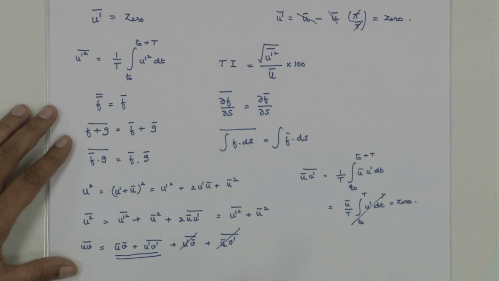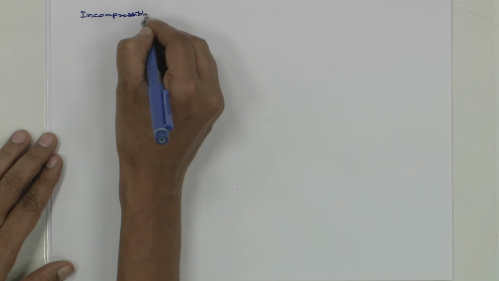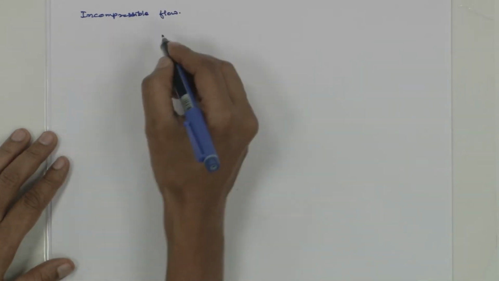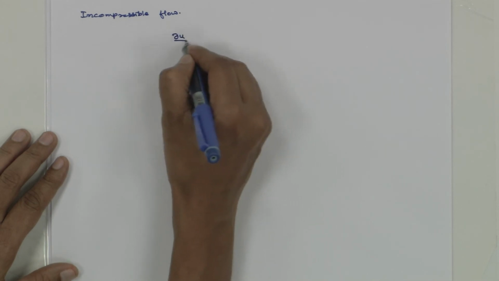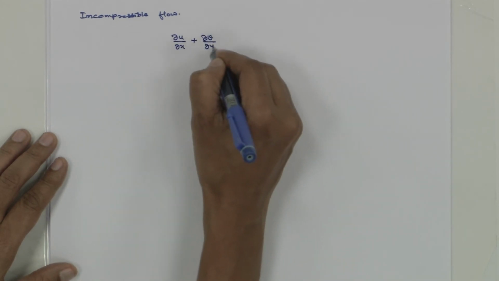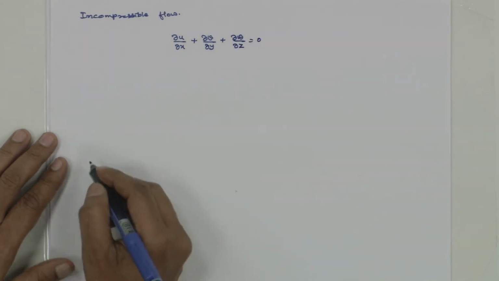Now let us take up the Reynolds averaging of the equations, but I will consider 3D incompressible flow. Let me just write the continuity equation: del u by del x plus del v by del y plus del w by del z is equal to 0.